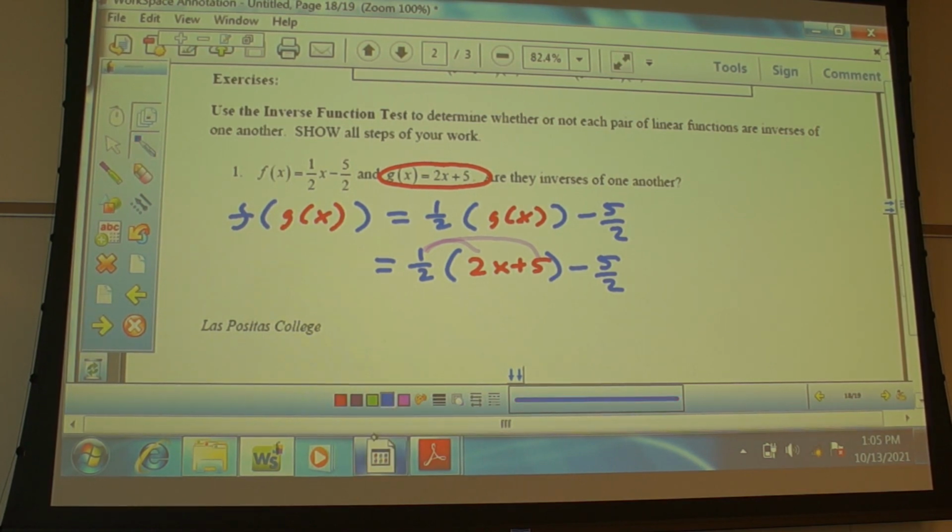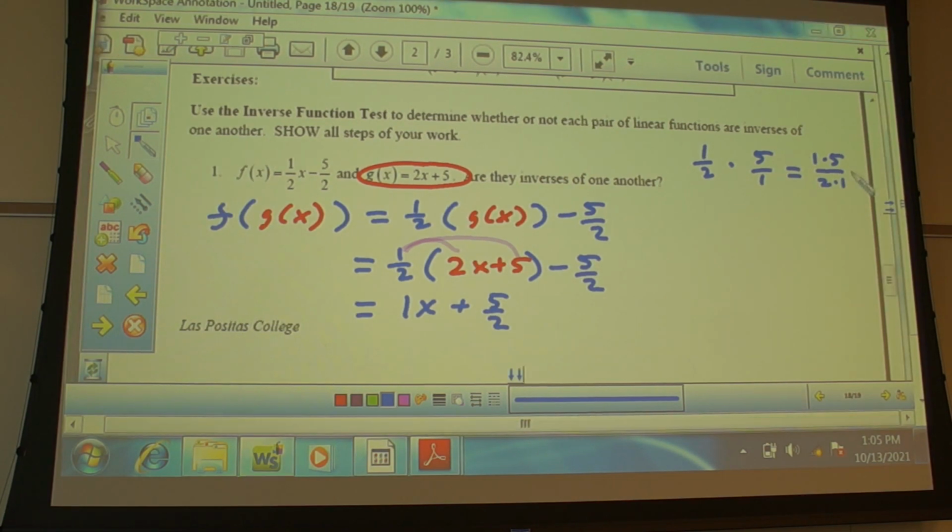What's half of 2? 1. 1x. What's 1/2 times 5? It's 5/2. If you're not sure, do it over here. 1/2 times 5, but I need 5 as a fraction, so 5 as a fraction is 5 over 1. And again, remember, you multiply the numerators, multiply the denominators. Five over 2.